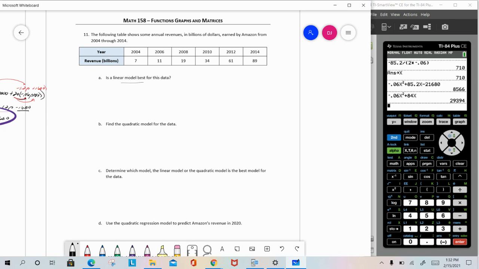Well, first of all, let's check it out. We've got a 2-year span, a 2-year span, a 2-year span, a 2-year span, and a 2-year span. If a linear model is best, then the increase would be the same. And it doesn't look to me like the annual increase is the same. So the linear model is not best for this data.